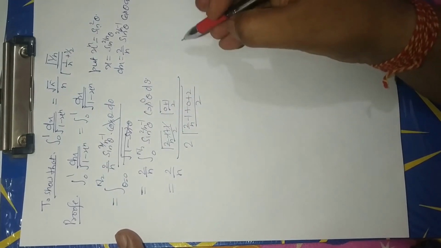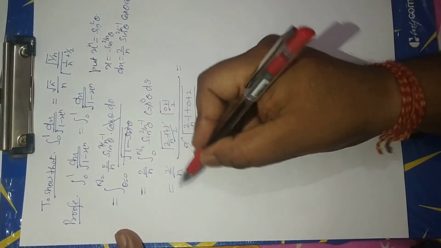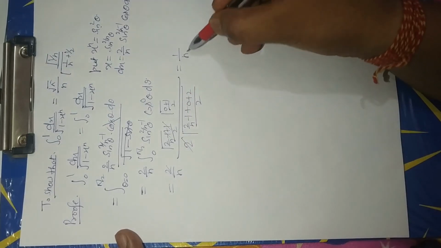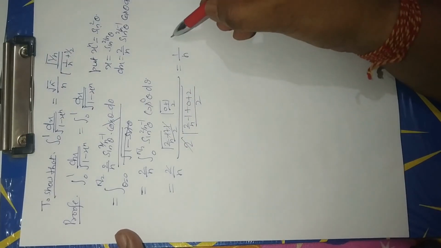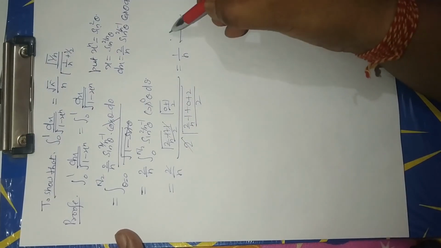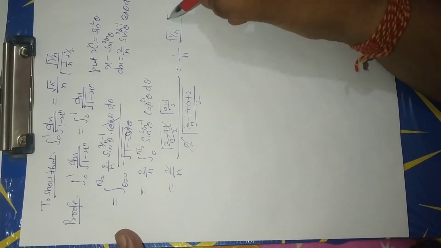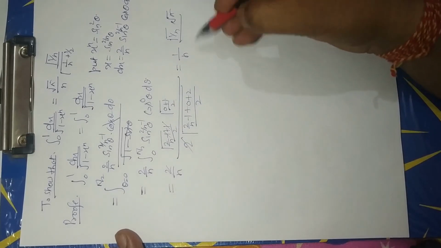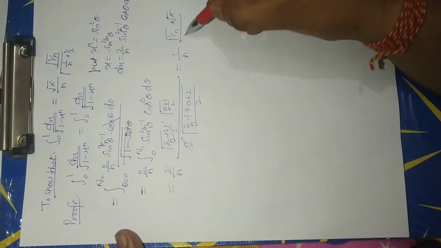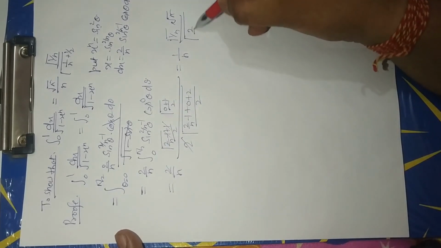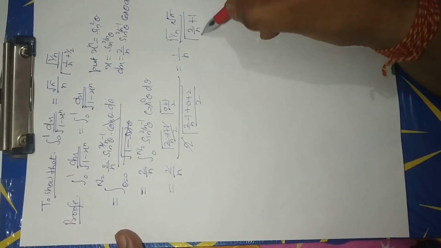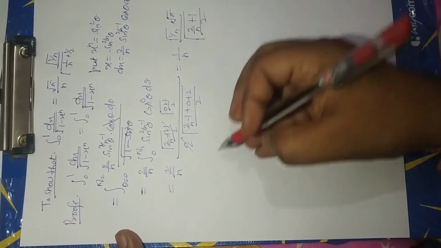Now this cancels by this, 2 cancels, this is equal to 1 upon n, gamma 1 upon n, gamma half is under root pi, upon gamma 2 upon n plus 1 upon 2.